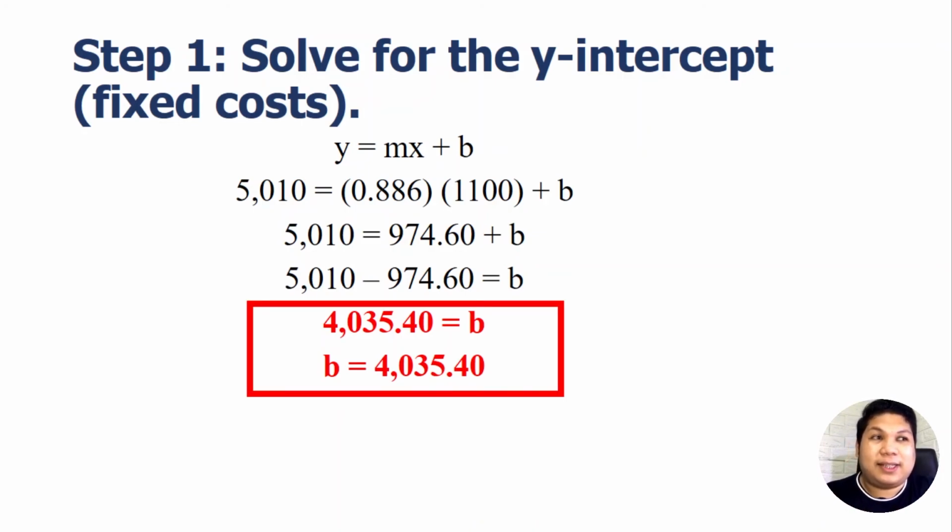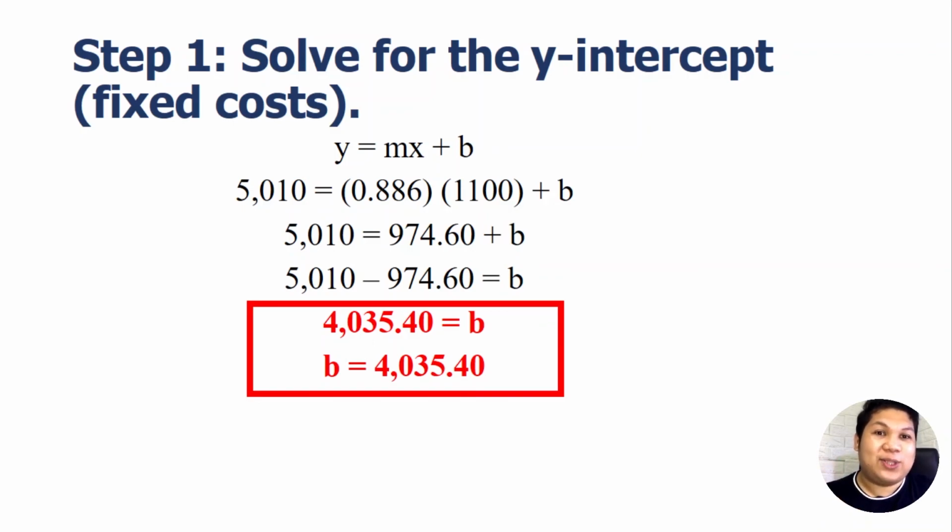But again, it has its own limitations, because in the graphical solution we use the visual line in estimating the value of b, the y-intercept, while in this solution we only use 2 points, 2 values of x and y.